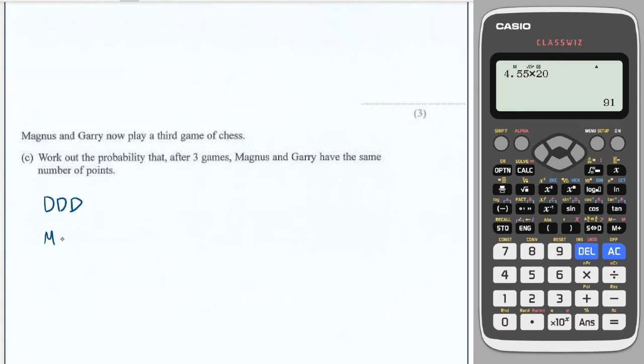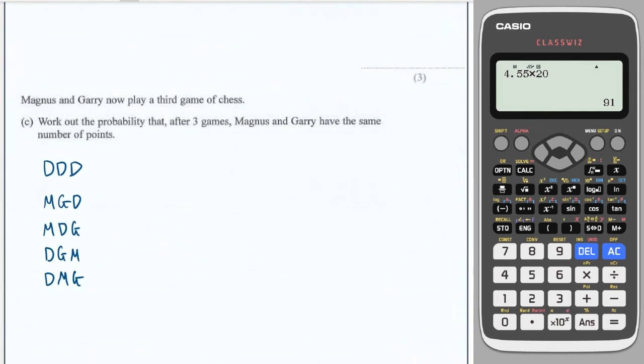It could be Magnus, Gary, draw, or it could be Magnus, draw, Gary. Or the draw could come first and then Gary, Magnus, or it could be draw, Magnus, Gary. Or it could be Gary, draw, Magnus, or it could be Gary, Magnus, draw.